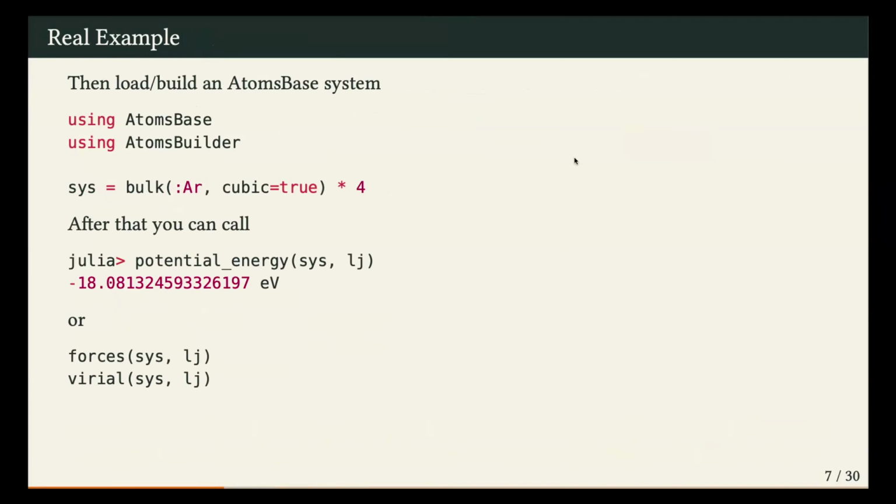The basic thing is that it has to have a dimension of energy. Anything that has the dimension of energy is fine. And the same for forces and virial. The virial has the same unit as energy, and forces then have energy divided by length.